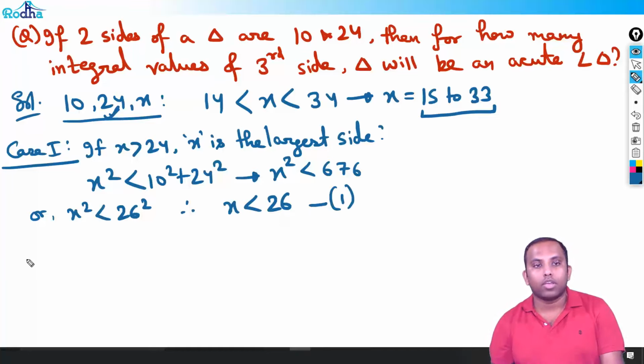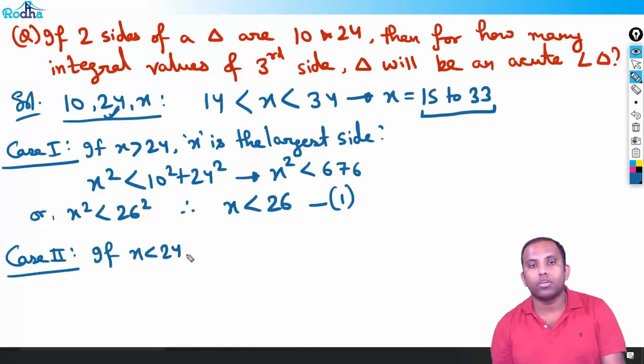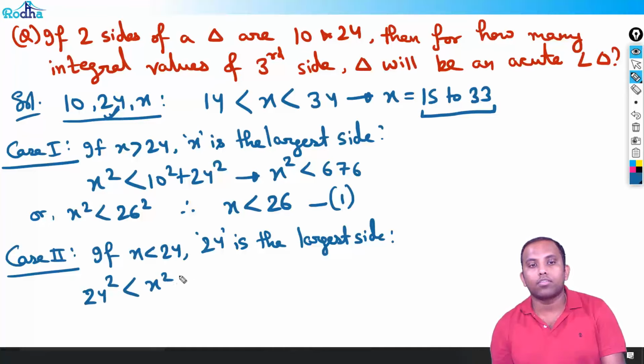Now case 2: if x is less than 24, then 24 is the largest side. So 24 square should be less than x square plus 10 square. That means x square should be greater than 576 minus 100, that is 476.